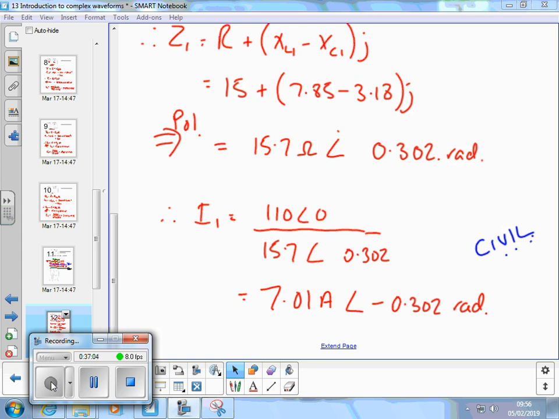Okay? So that's the answer for the fundamental voltage. Now go on and finish that off and calculate the second harmonic current and the third harmonic current and write an expression for the overall current at the end.